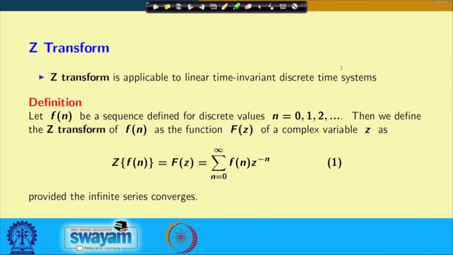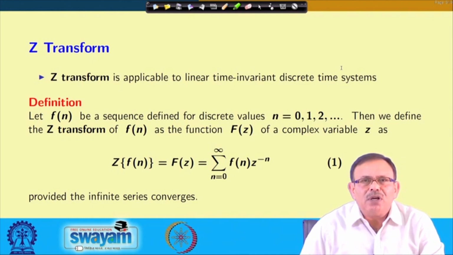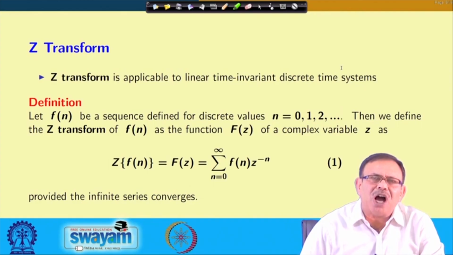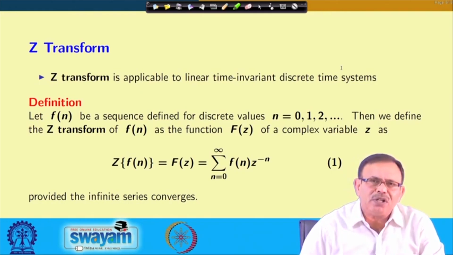Please note one thing here, that we have not given how this particular z transform is coming. Just like for the case of Laplace transform and Fourier transform, we explicitly told how to derive the transform of a particular function. Due to scarcity of time, directly we are giving the definitions and we will prove certain properties and we will see some examples.